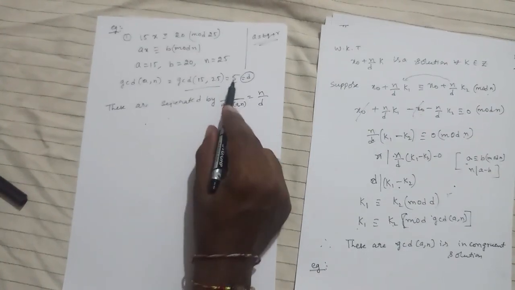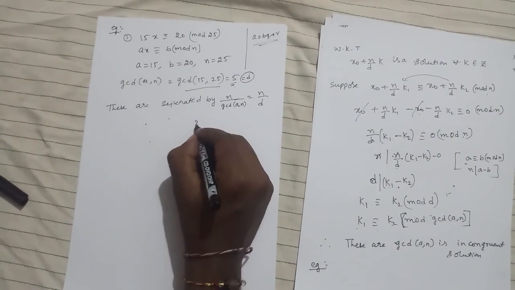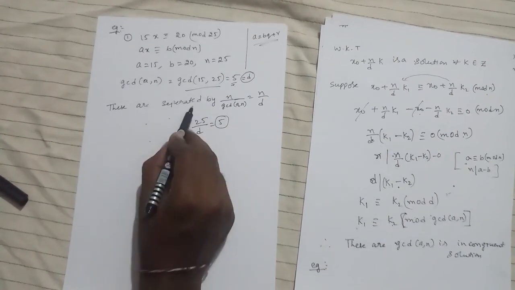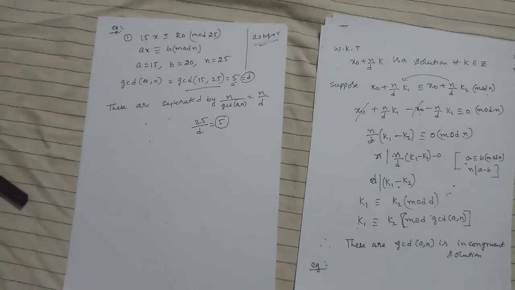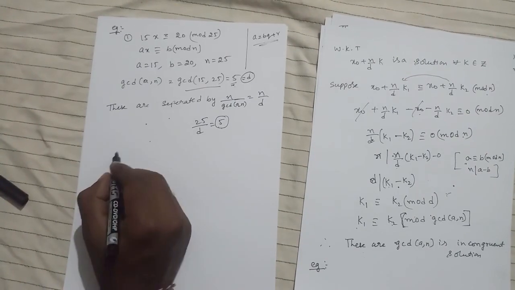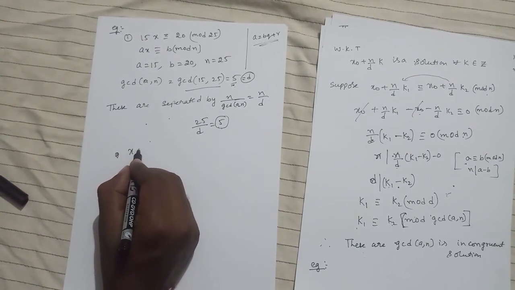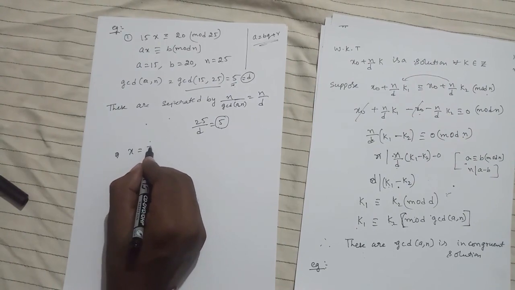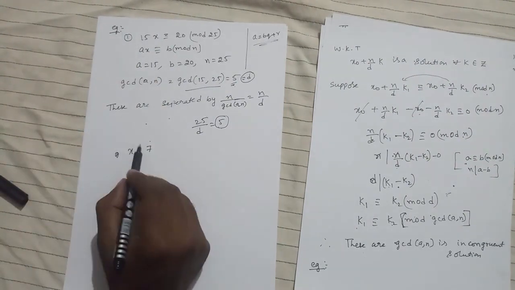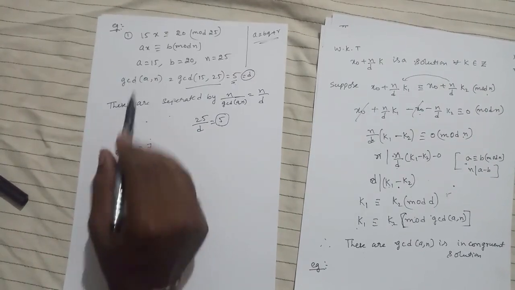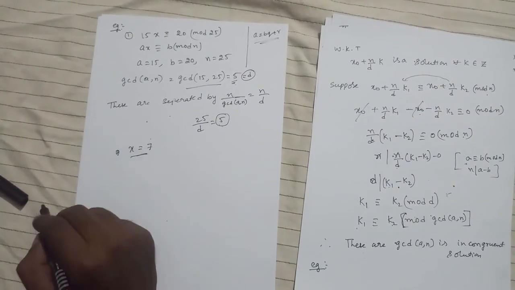What is d? d is 5. What is n? n is 25. 25 divided by 5 is 5. So they are separated by 5. How will you find that? Suppose one solution is 7 for this equation. It is not an exact solution, I am just taking 7.